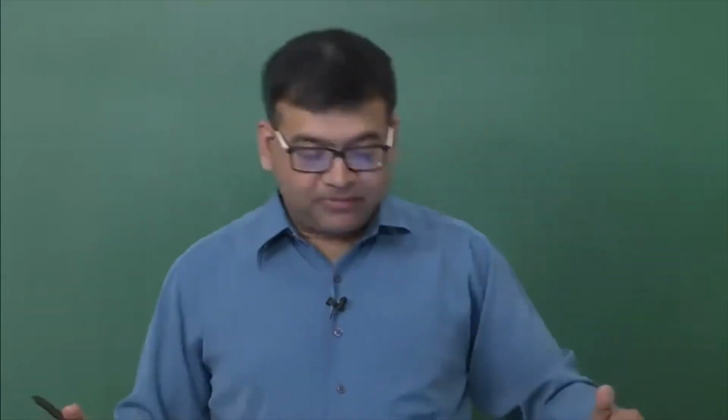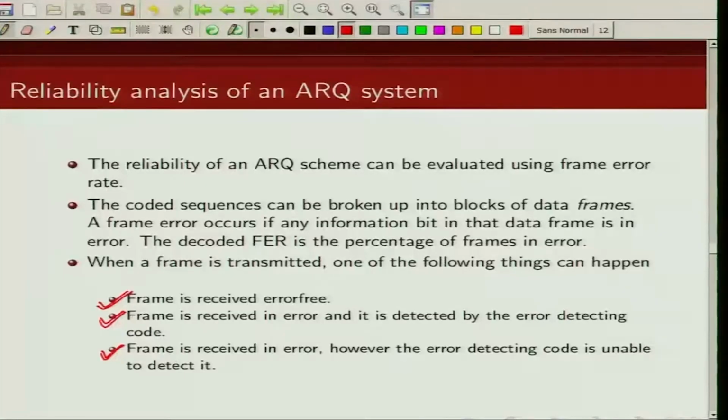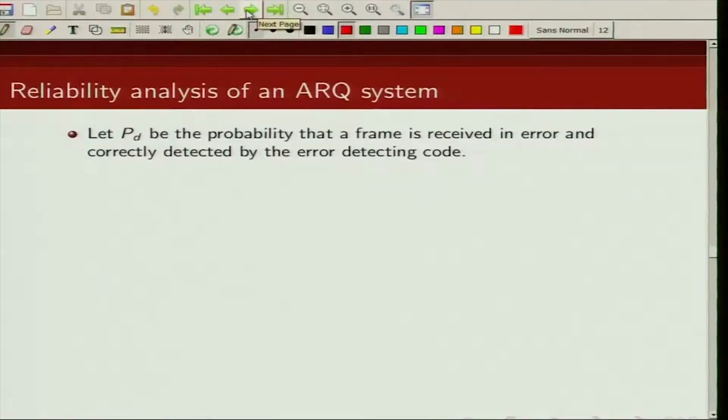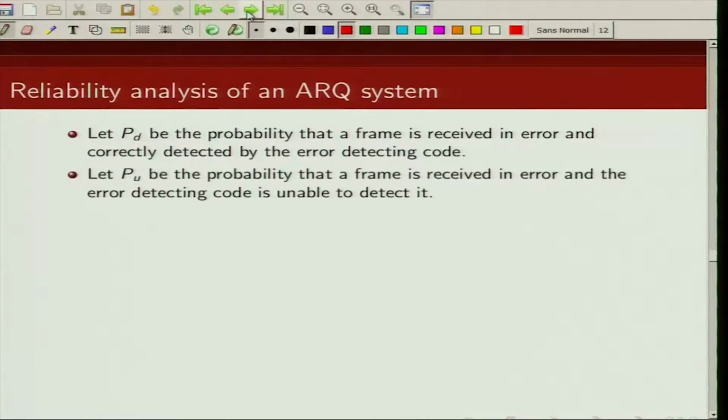The error pattern is such that it transforms one code word into some other code word, and then we would not be able to detect the error. So that's the third possibility. Let PD be the probability that a frame is received in error and it is correctly detected by the error detecting code, and let PU be the probability that a frame is received in error but the error detecting code is unable to detect it.